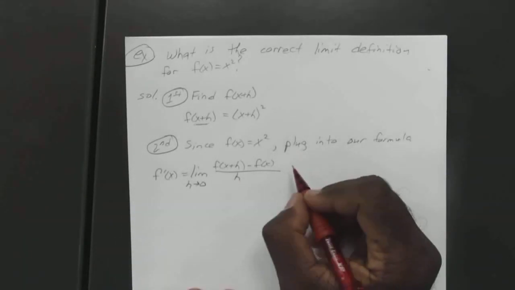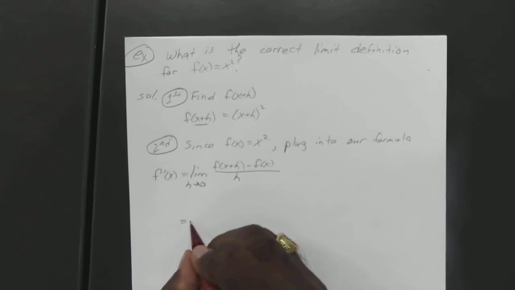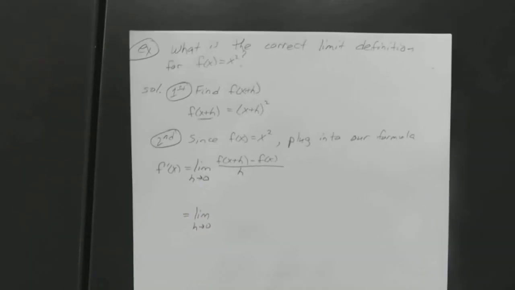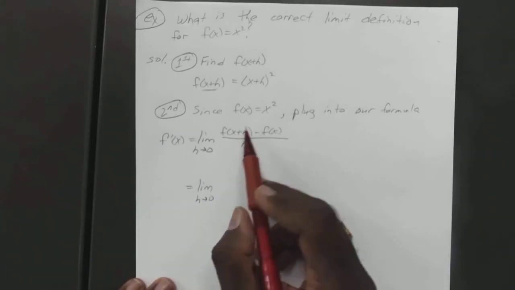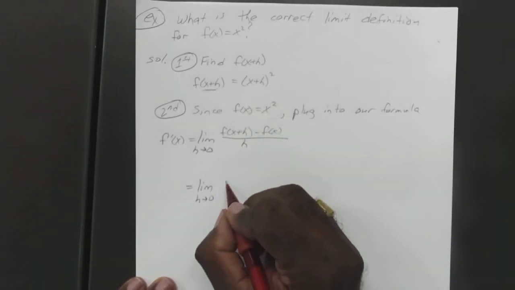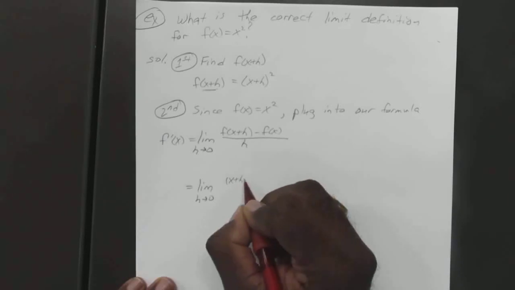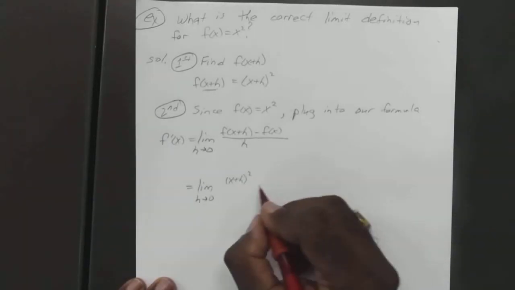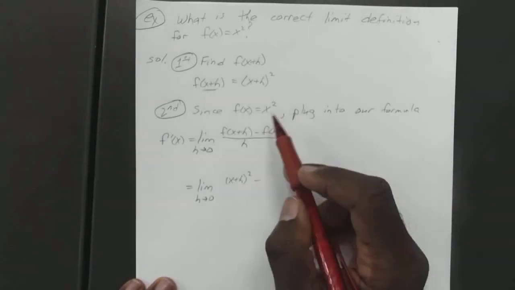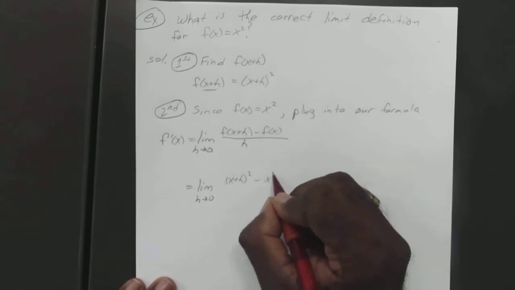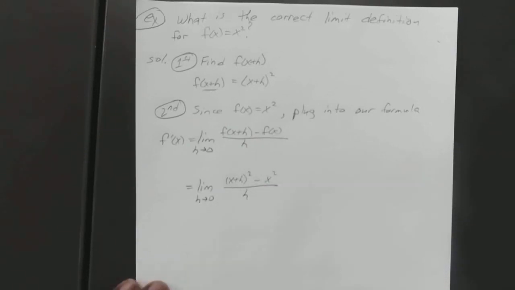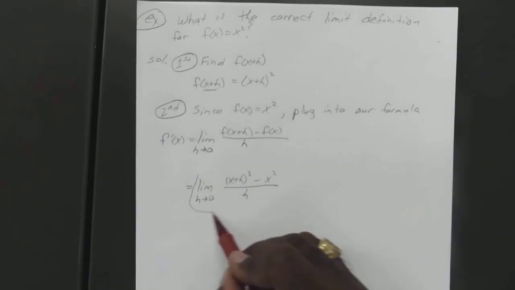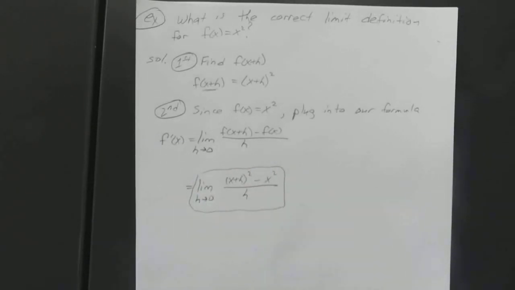So we know that's going to equal the limit as h approaches 0 of f of x plus h, which is x plus h squared, minus your f of x, which is x squared, all over h.